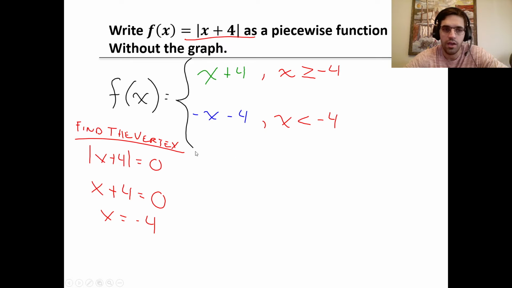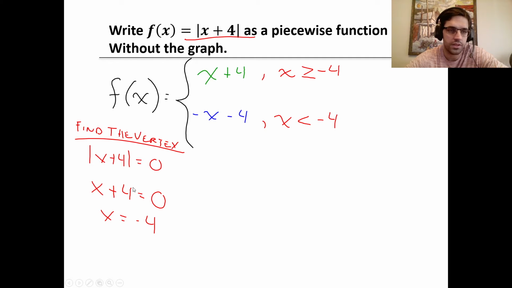So if I want to find the vertex, I'm going to take our input for our function, as in the thing inside the absolute value, in this case x plus 4, and I'm going to set that equal to 0. And what that's going to do, if I solve for x, that'll give me the x value of the vertex.